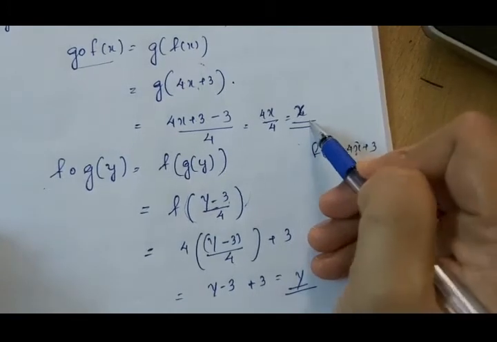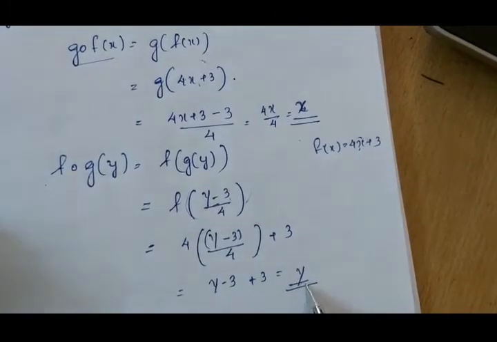G composition f of x is equal to x. F composition g of y is equal to y.